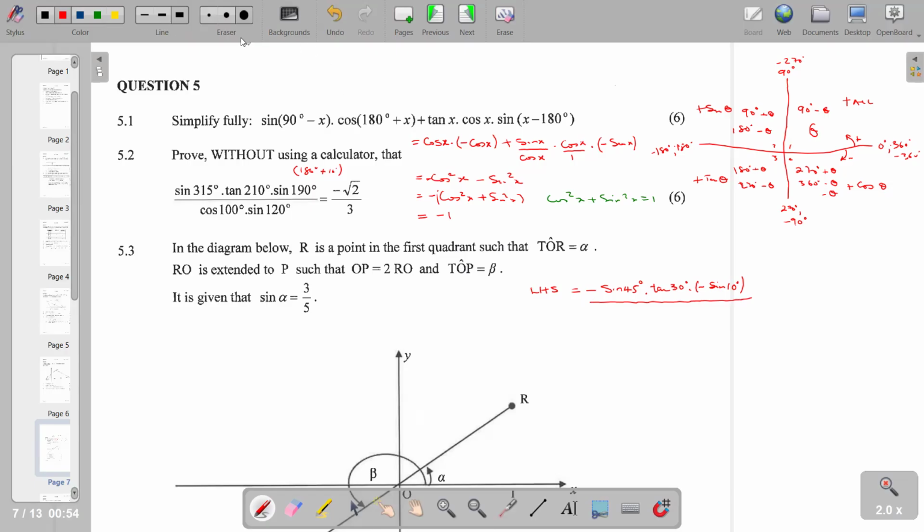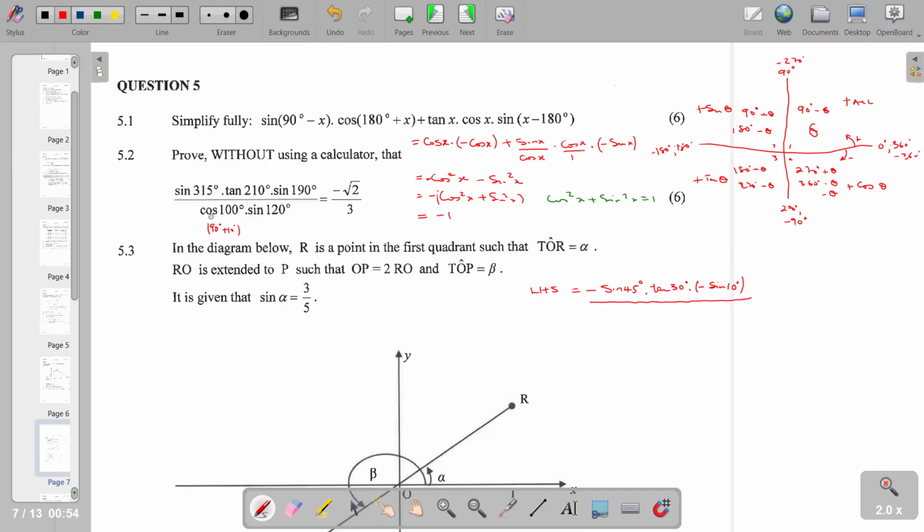We go to the next term. The next term is cos 100. 100 is between 90 and 180, which is the second quadrant. How do we write an angle in the second quadrant? So it's gonna be 90 degrees plus 10 degrees.